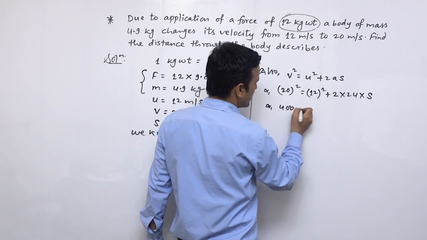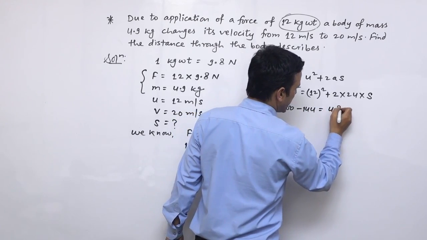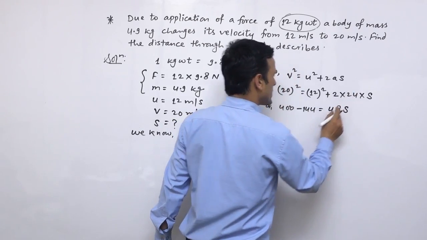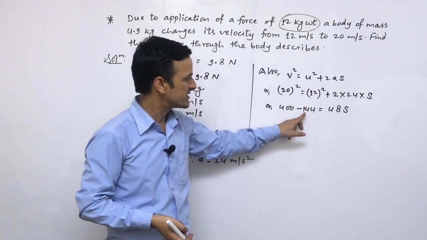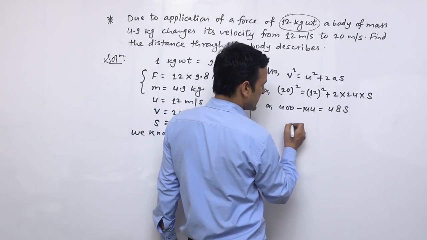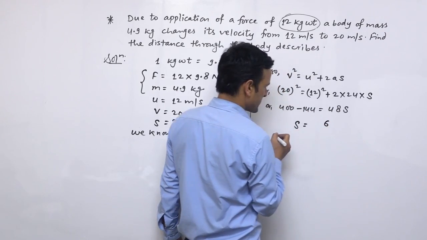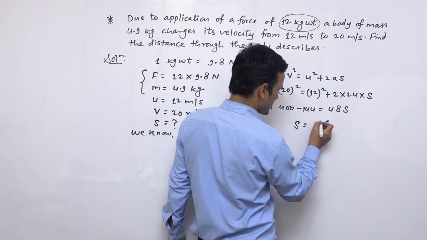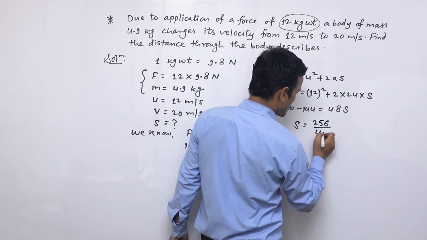Now 400 minus 12 square means 144, and 48 as 2 into 24 means 48, and 12 square means 144, which is here. On the other side it becomes minus. Now if you solve it, then S is equal to 10 minus 4, it is 6, and 9 minus 4, it is 5, 3 minus 1, it is 2, divided by 48.